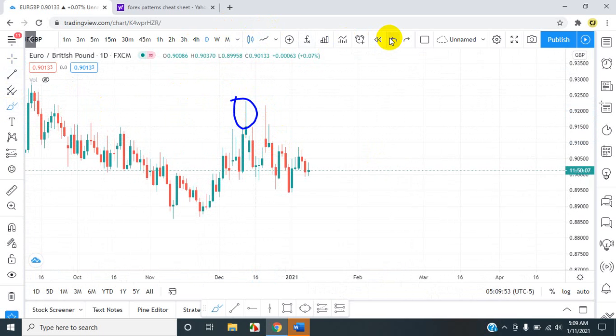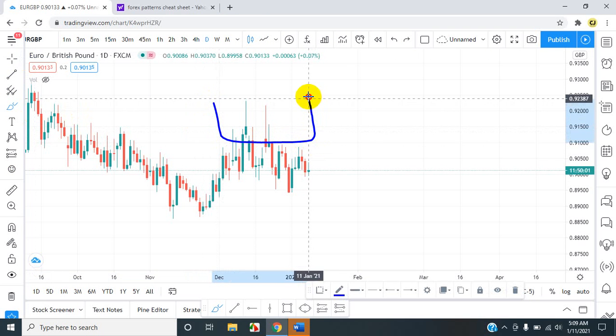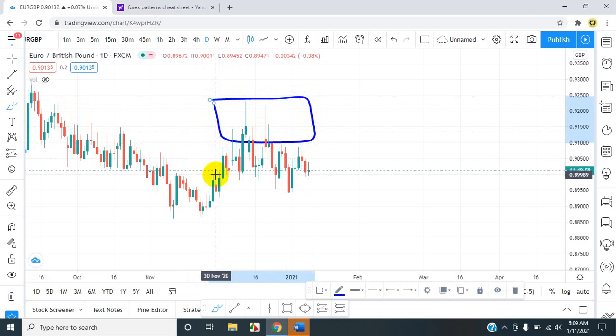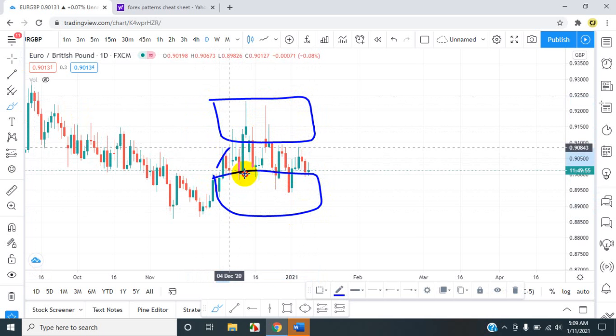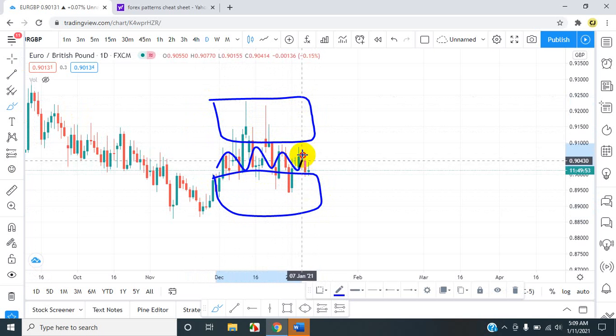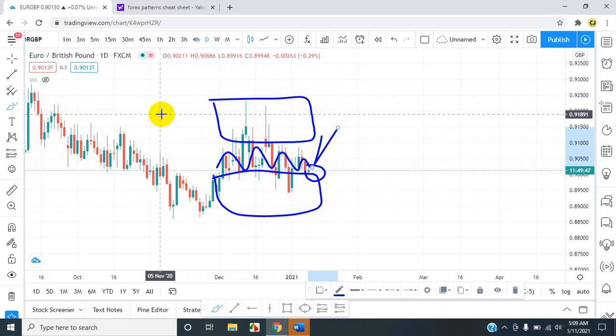The market is not holding in this area here. It's just bouncing around, up and down, up and down, up and down. As it's at the lowest low, we're waiting for that breakout to happen to take it up to the next level.